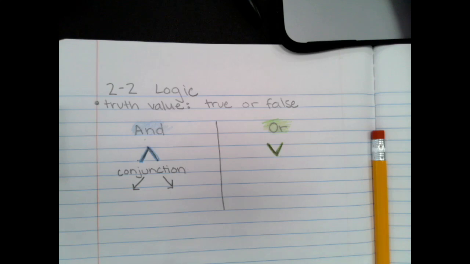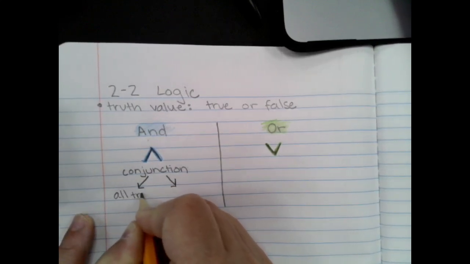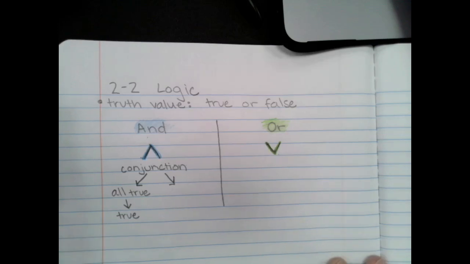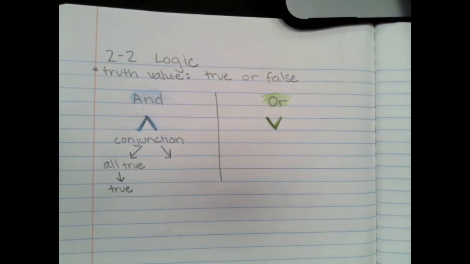If she said you had to clean your room and do your dishes? No, you have to do both. So for an and statement to be true, all of it has to be true. All parts have to be true, and then we know the whole thing is true. They all have to be true in order for it to be true with an and statement.